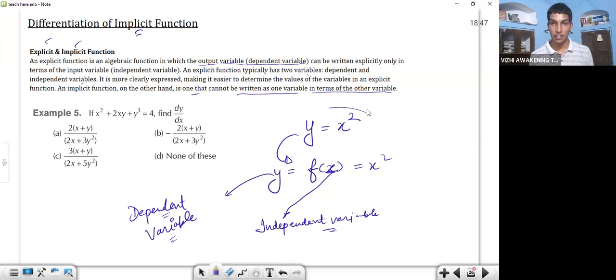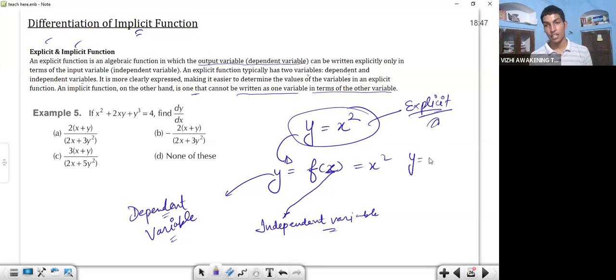This particular function which we have taken as an example is an explicit function because we can write a certain variable equals to some other variable. They can be separated easily. That's why they are known as explicit functions. But if we take it as y of sine of x, like this, then this is an implicit function.